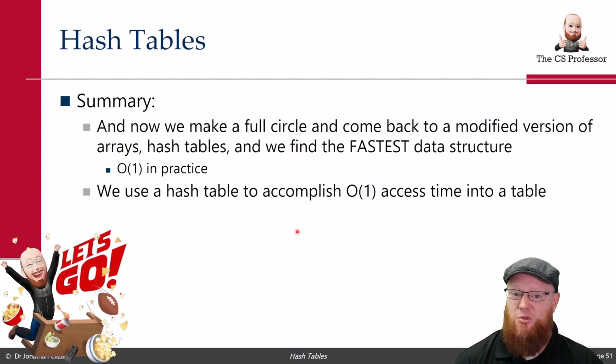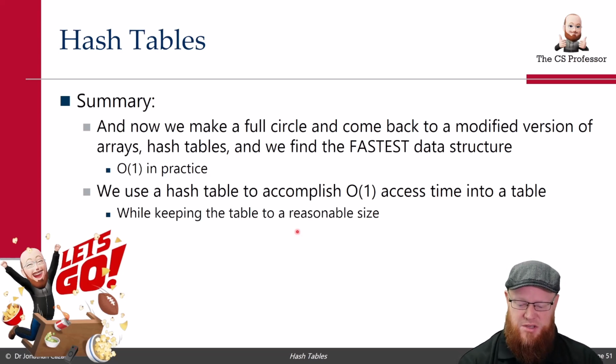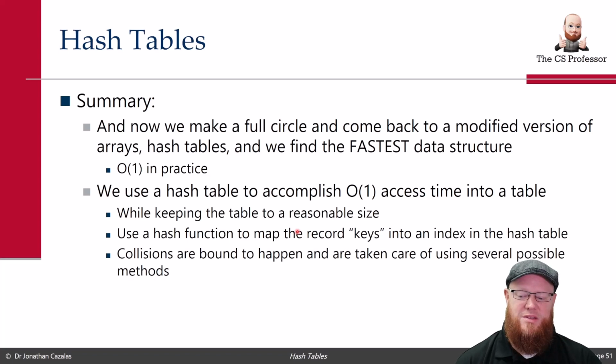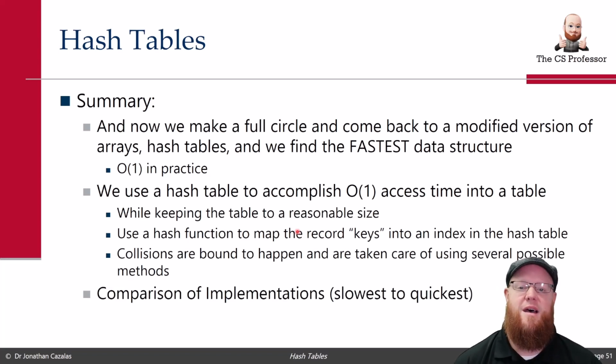When we use this array, this hash table, this modified version of our direct access table, we get O of 1 access into this table because as long as your hash function is pretty accurate and it's computed relatively fast in constant time, we're going to get O of 1 access into this table. We can hopefully minimize collisions, keeping that table to a reasonable size, not wasting space. And now we have our O of 1 speed using an array.